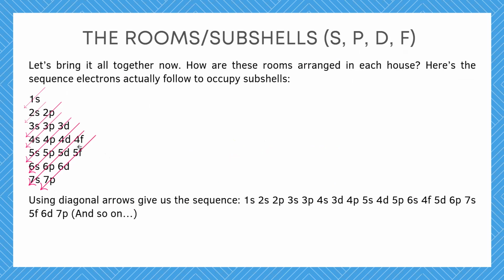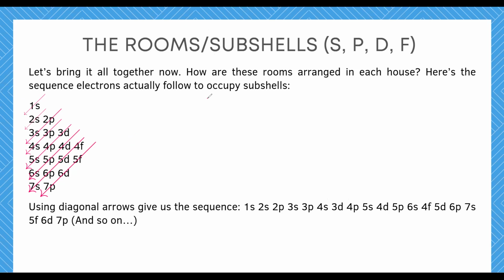How are these rooms arranged in each house? Here is the sequence, and I want you to pay attention. Are you with me on this? Yes, sir. Good. When it is the first shell, remember I said that the shell is like the house. Do you remember that? Yes, sir. Very good.